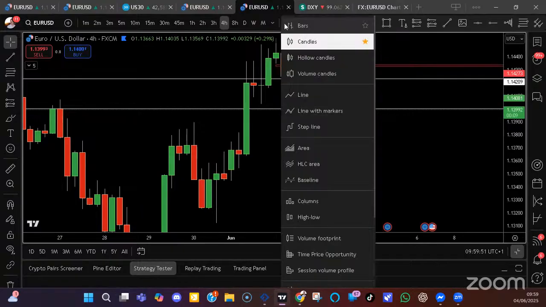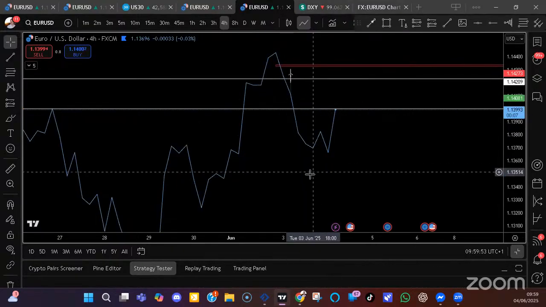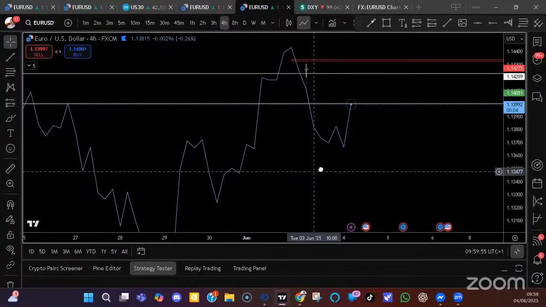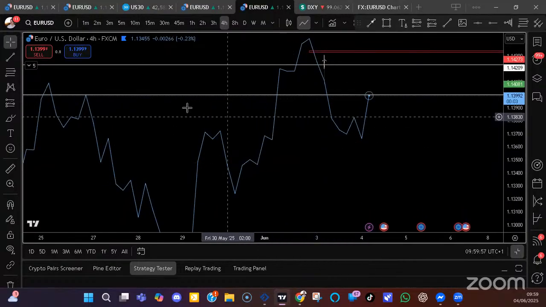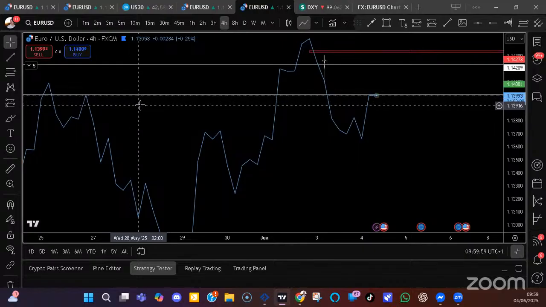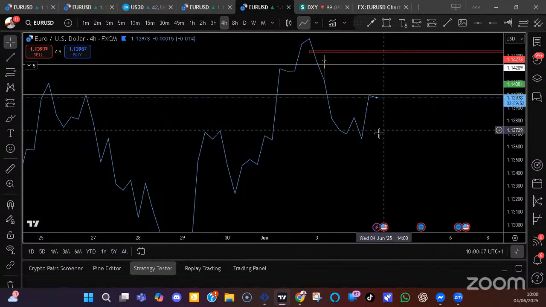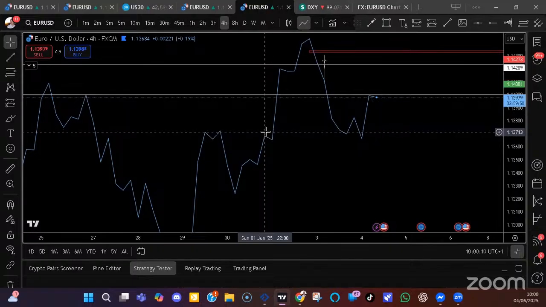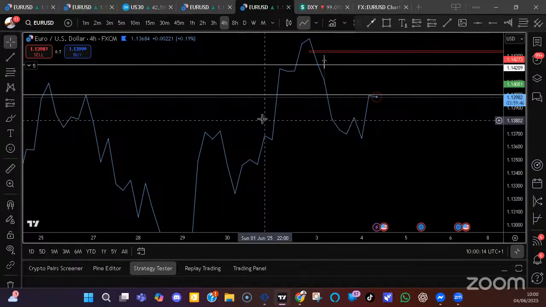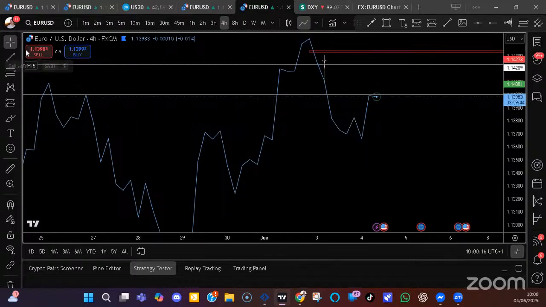So what we'll do is we'll put it on a line chart, and if I get two more points of interest, there we go. It bounced off that line there because that's the psychological level. And this area here is of interest.